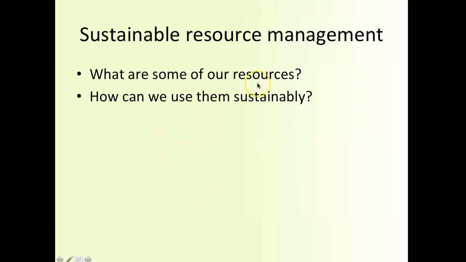So water, for example, is a resource. Our soil, farmland, is a resource. There are lots of things, and in terms of conservation ecology, other organisms also have their resources, so you need to think about what are some ways we can sustainably have their resources being used.